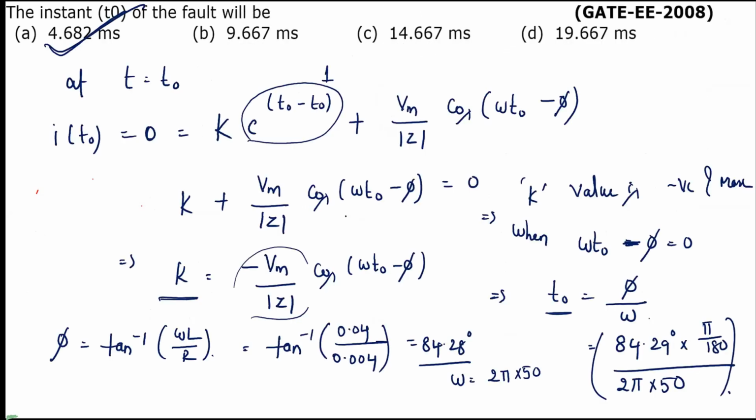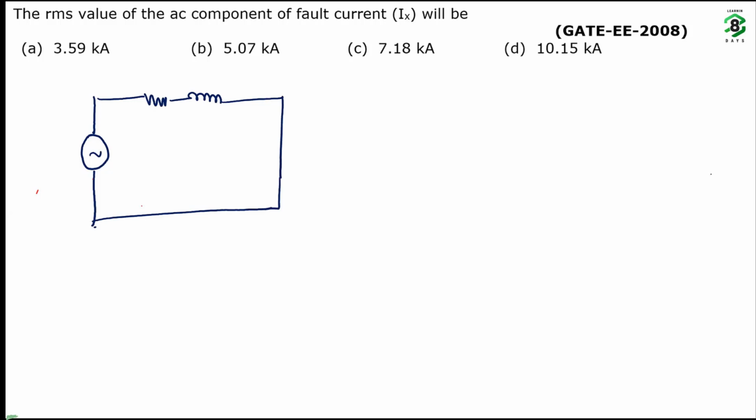So again, if I draw the equivalent circuit here, this is the voltage, overall resistance and reactance value in per unit. This is the fault point here. If I write everything in per unit, 1.00 angle 0, and 0.004 plus j 0.04 is the per unit impedance between the source and the fault point.